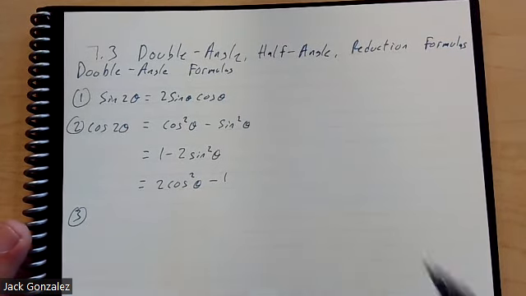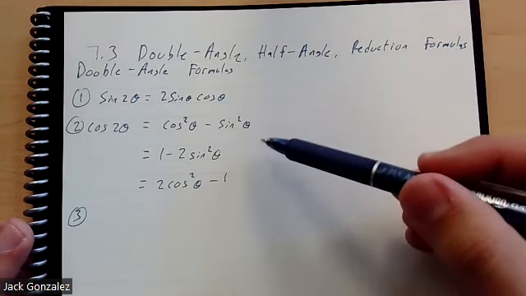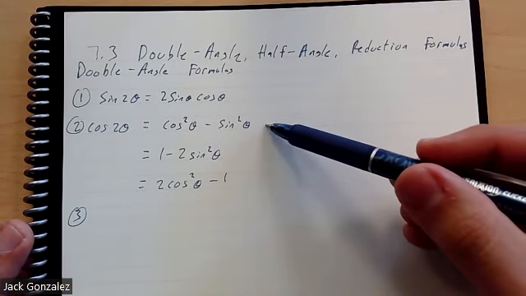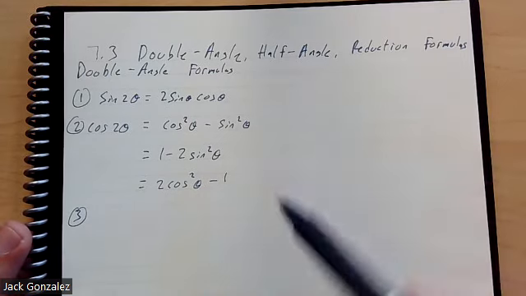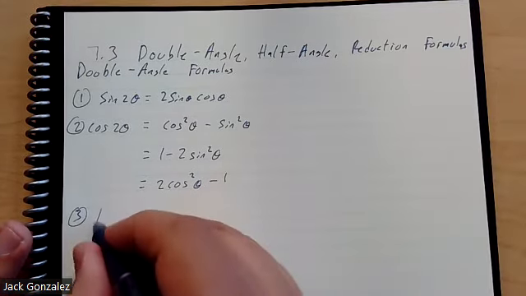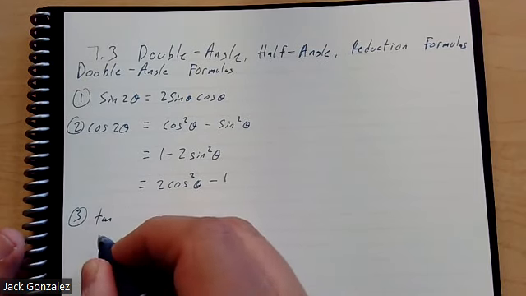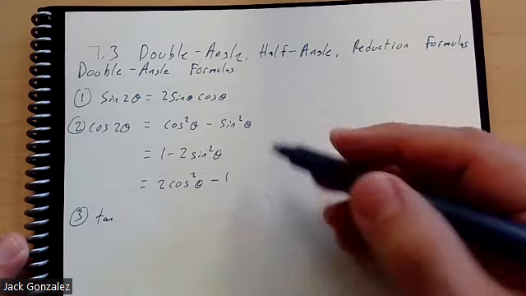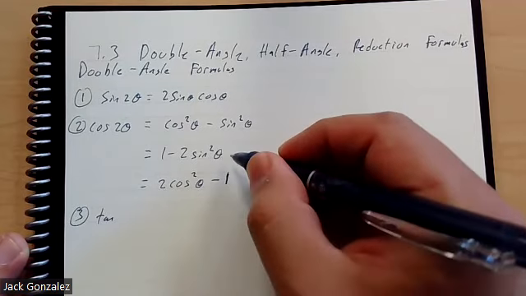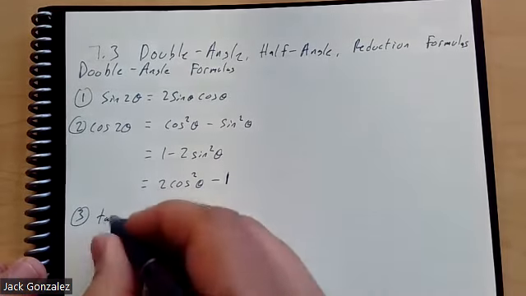So cosine 2 theta is equal to these 3. Although if the question asks for it in cosine, then you should use the third one. If they say they want it only in sine, use the middle one. Okay.